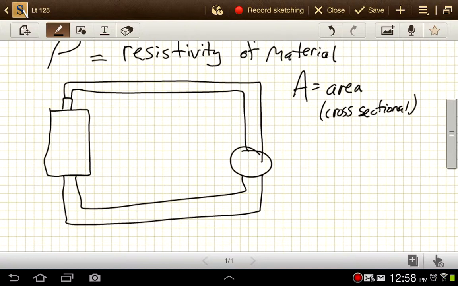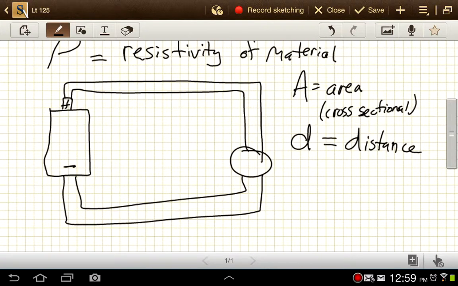The other thing that matters here is the length of the wire, or the distance that electricity has to travel through this wire or through our resistor. We can think about that in terms of the electric field. We have our positive end of the battery and our negative end here, and there is some potential difference between these two points.